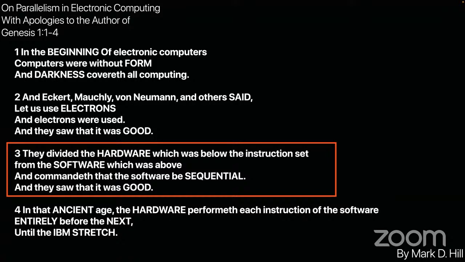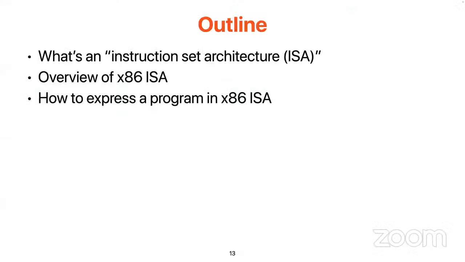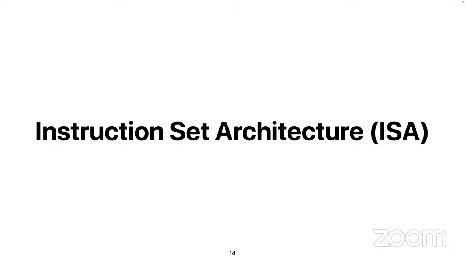So being a programmer, how can you not know something about the instruction set architecture? So what is an instruction really? What is an instruction set architecture? And then I will start with an overview of x86 instruction set architecture, give you an idea about x86 instruction set architecture, how that expresses a program, and talk about other instruction set architectures.